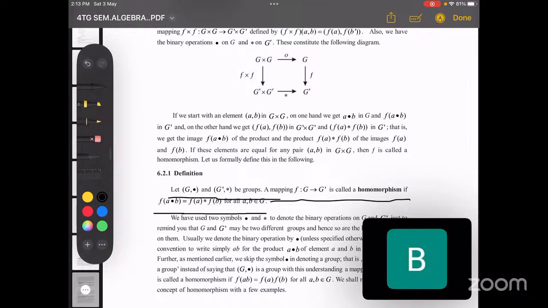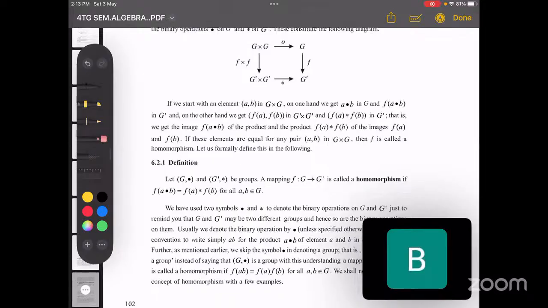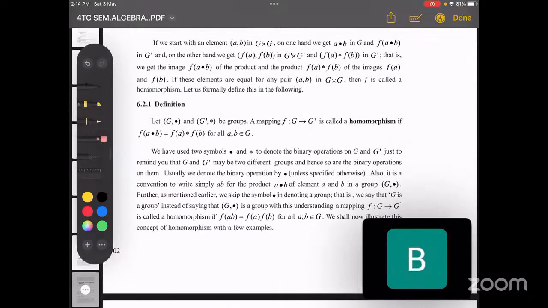This is the main important definition of homomorphism of groups. Here two symbols will be used, dot and star, and two groups will be there, that is G and G dash. Okay.